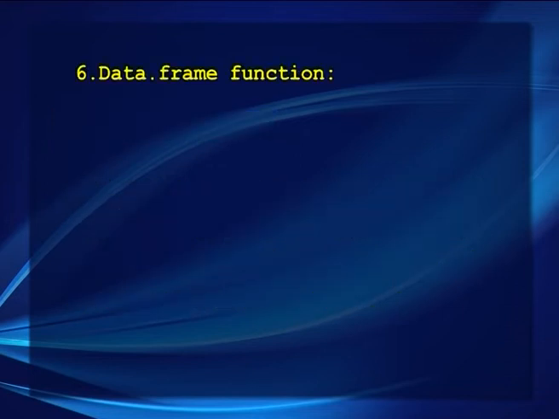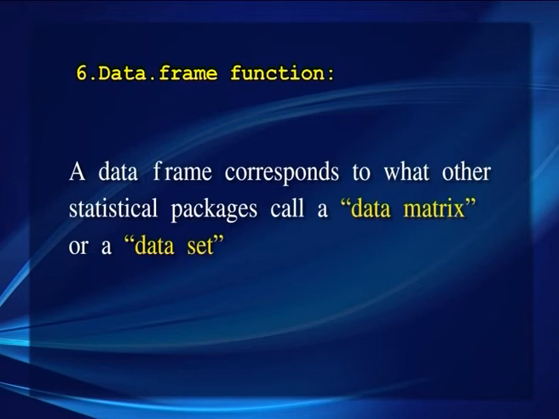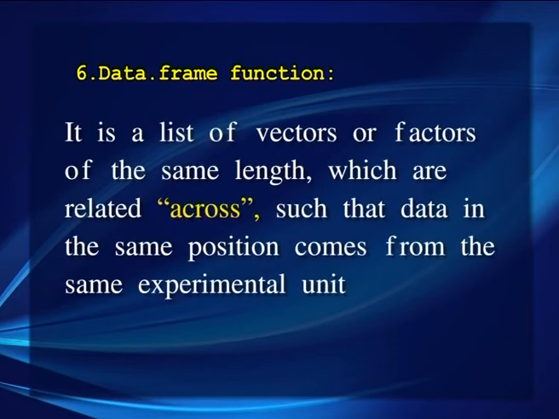The next function we see is the data.frame function. A data frame corresponds to what other statistical packages call a data matrix or a data set. It is a list of vectors or factors of the same length which are related across, such that data in the same position comes from the same experimental unit.